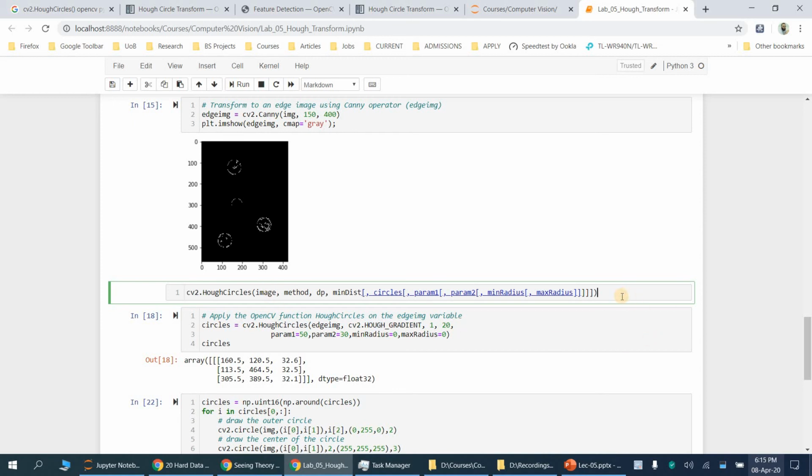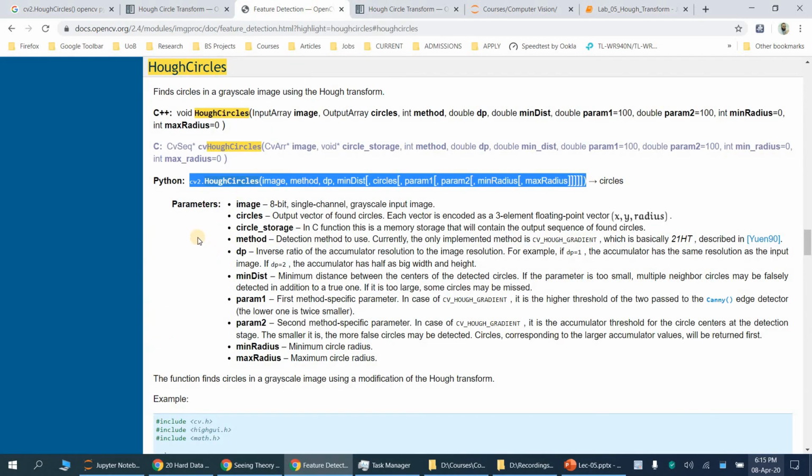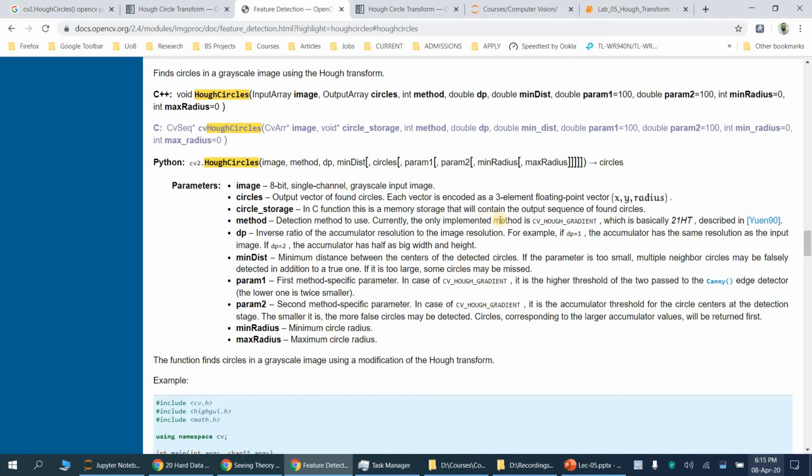So here it is. What it shows is that you give the image, you give the method, and what is this DP? The method is basically the detection method to use. There is only one implemented method available for now, which is CV Hough gradient, so we don't mess with it.